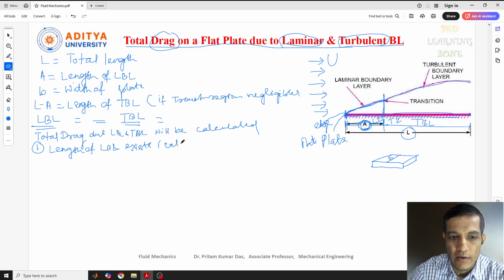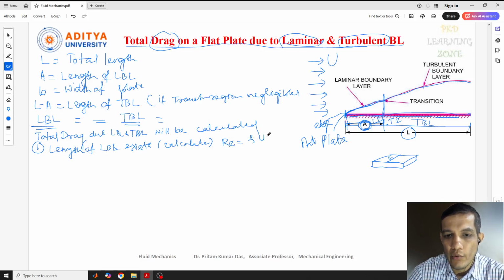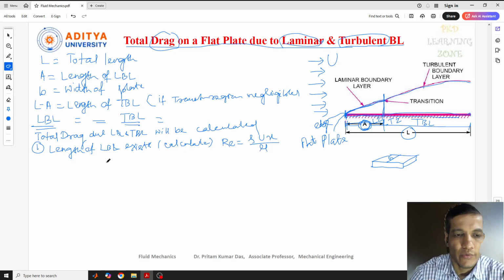Let's calculate this. We know how to calculate this one based on the Reynolds number. Reynolds number equals rho u x by mu, and for this condition we consider the Reynolds number value to be 5 into 10 to the power 5. Obviously the density of the liquid and velocity will be given, and x will be calculated from here.